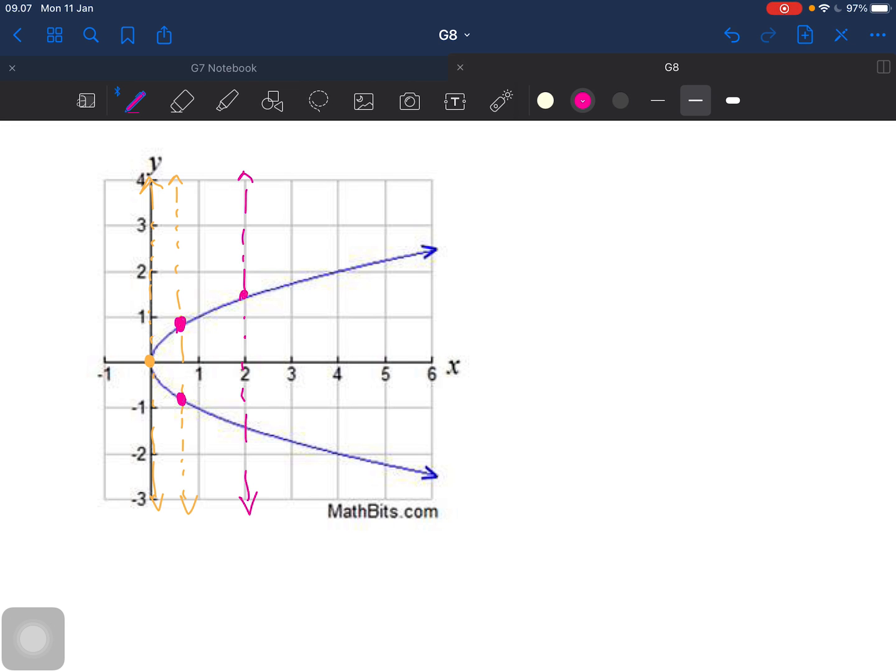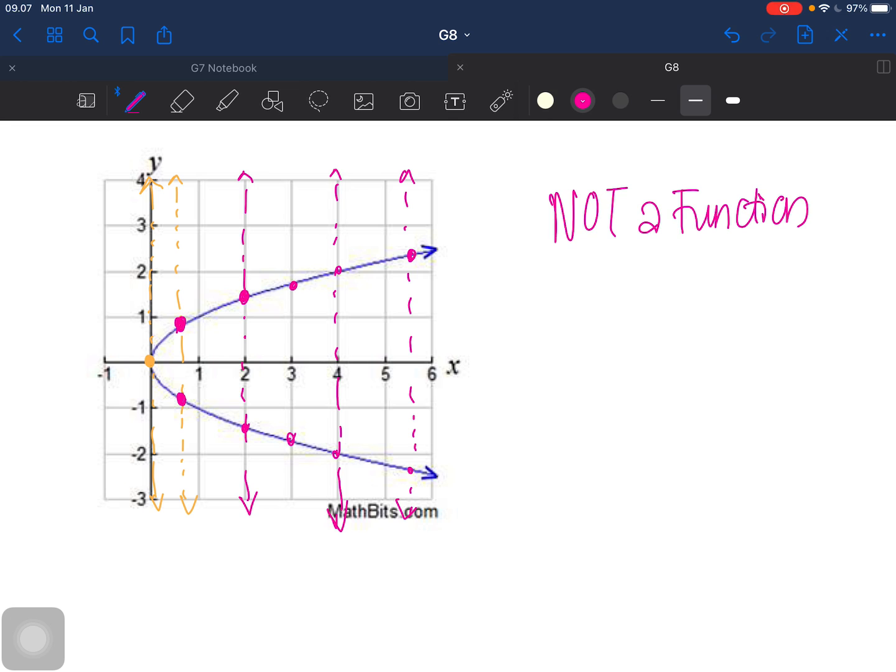So twice everywhere, right? Here, here, here, even here, right? So this, you already know, this is not a function. Not a function, because this is also a one-to-many relation.